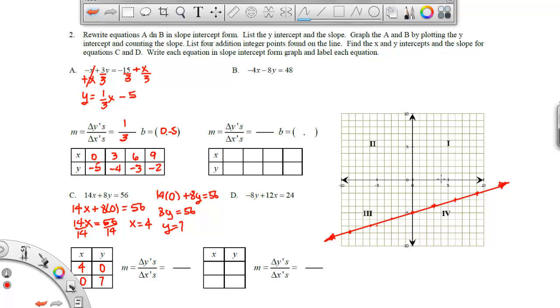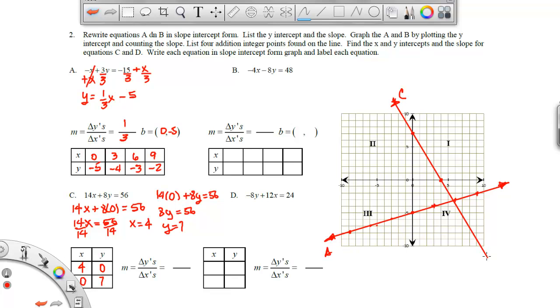So 4 on the x, 0 on the y, and my y-intercept is 7, 0 on the x, and 7 on the y. So there's how that line's going to go. So go ahead and graph my line. So there's the x-intercept, there's the y-intercept, and then there's my line. So this is line C.